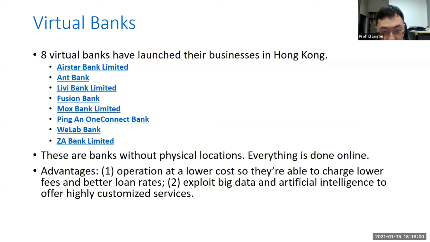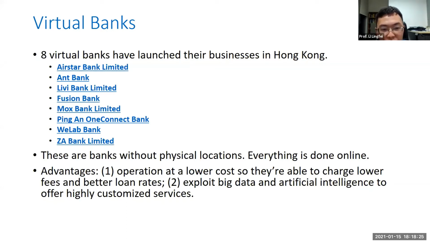Because their operational cost is much lower, they are able to charge lower fees and offer better loan rates. And of course this is good for customers.